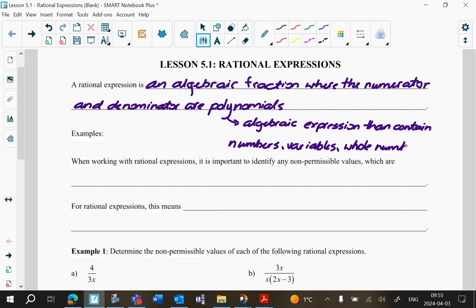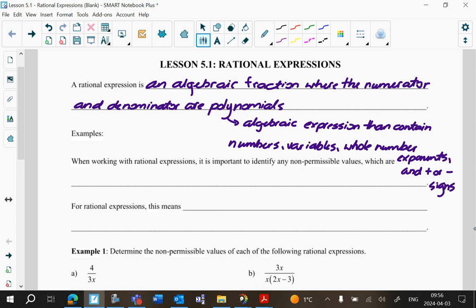That means 0, 1, 2, 3, 4, etc. You can't have fraction exponents. You can't have negative exponents. And it could also have plus or minus signs.